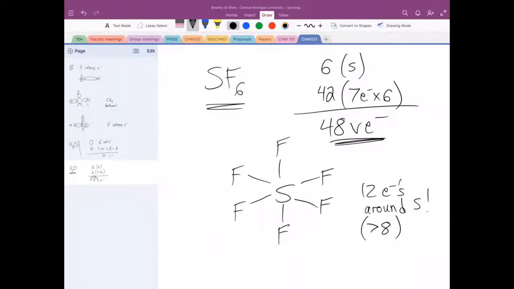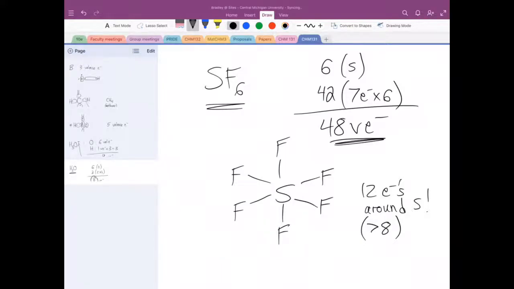So sulfur can form a compound SF4 where it has an octet, but with this particular molecule, you have more than an octet, and sulfur is able to accommodate it. So this is fine.